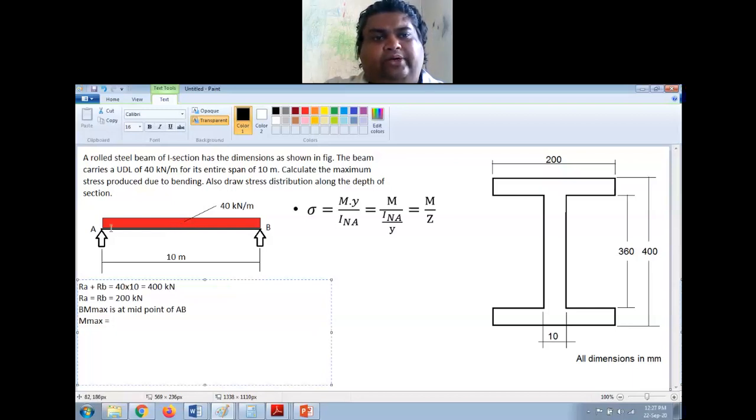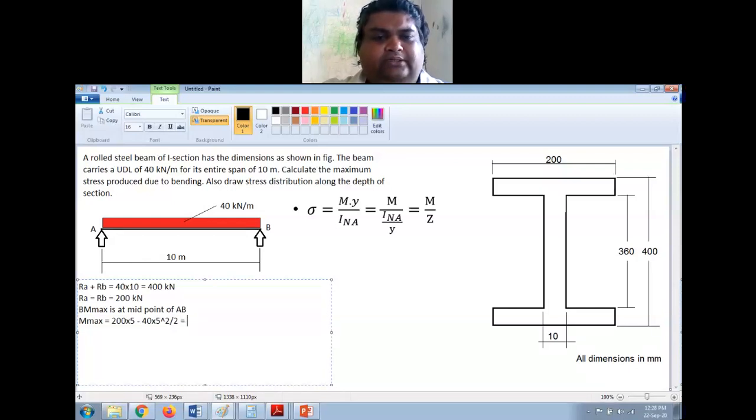So how to find the bending moment? You can take either left or right hand side. So first I'll take this positive, which is the upward force RA, that is 200 kilonewton, into the perpendicular distance 5 meter, minus I have this UDL for 5 meter here. So 40 into 5 square by 2, right? So we have done this already. Wx square by 2 is the bending moment for UDL.